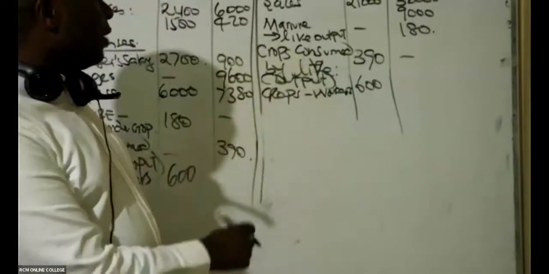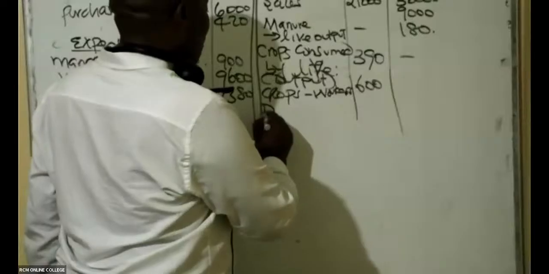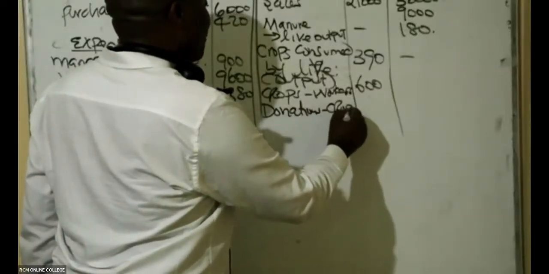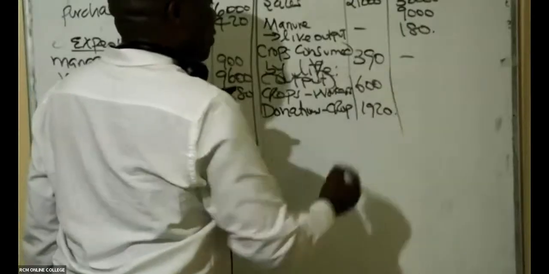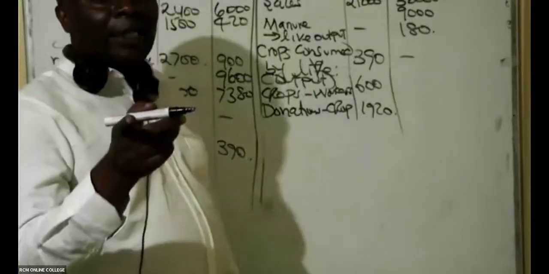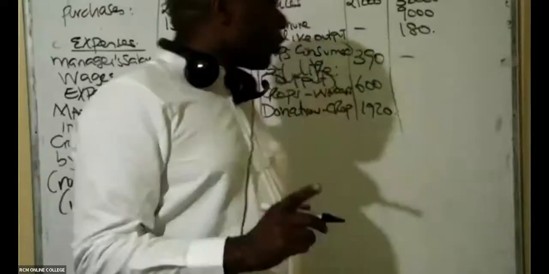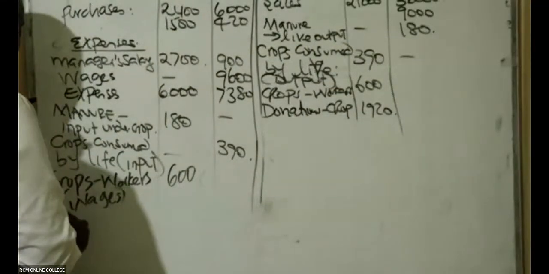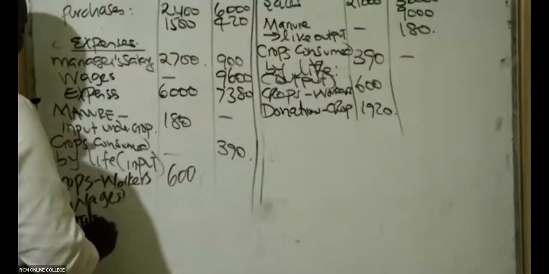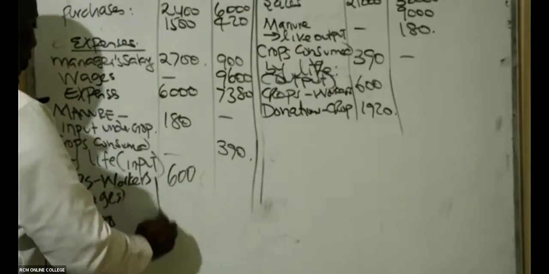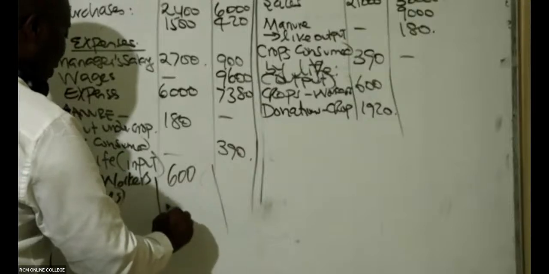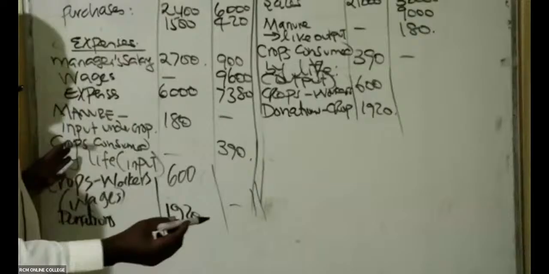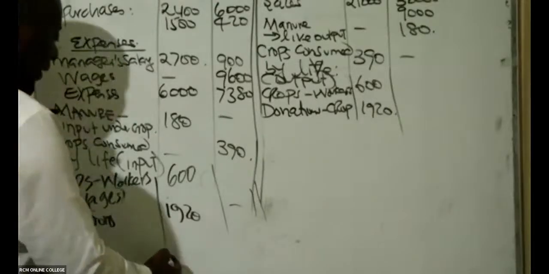So we have donations here, crops worth 1,920. Donations shall always be expensed. Donations shall always come under the expense section. So come and write donations. Under crops, you simply mention 1,920 like that. And that is it. So now come and do your balancing.